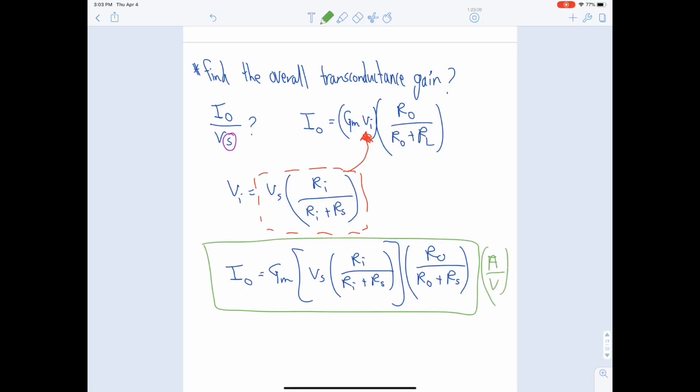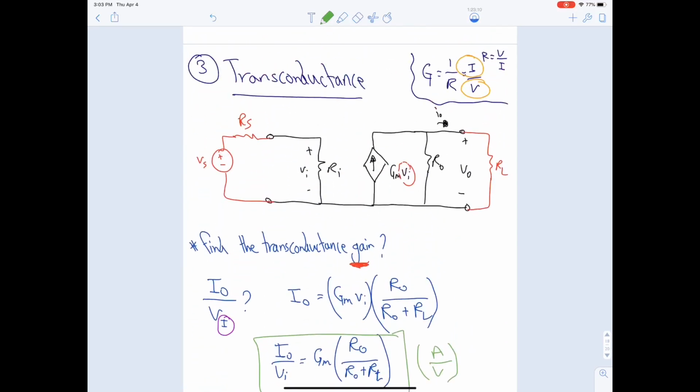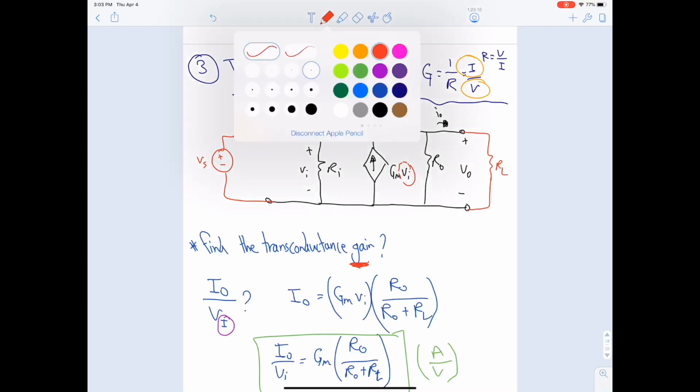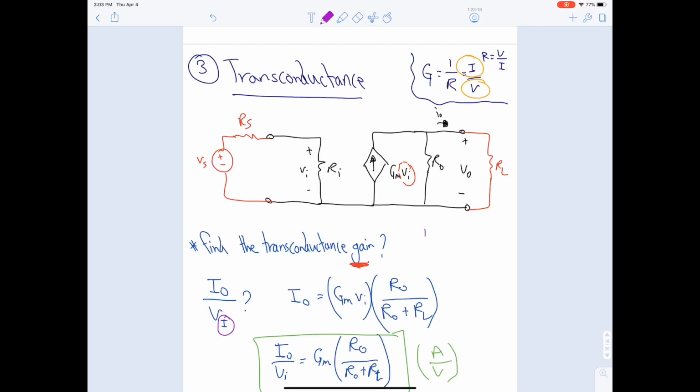Okay, what is the last thing before we move on to the final type of amplifier? What are the ideal characteristics? Let's use purple. Ideal characteristics of Ri and Ro. We are only allowed to play with these two resistors because they are inside the amplifier. Ri, what should happen to Ri so that Vs can propagate to Vi?